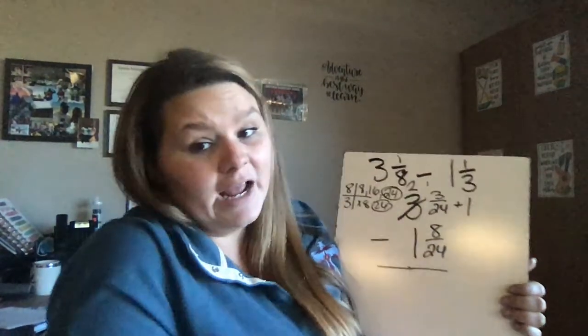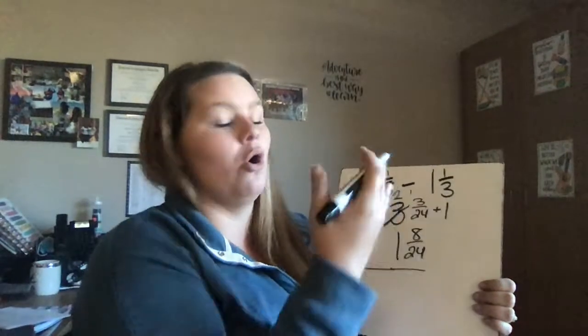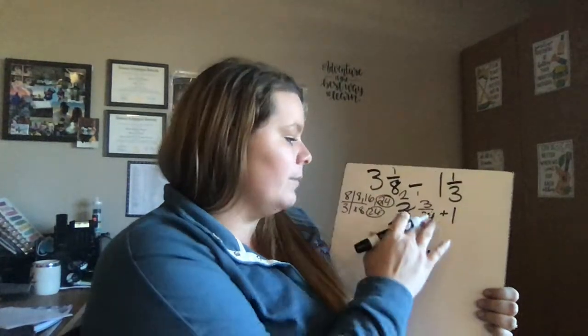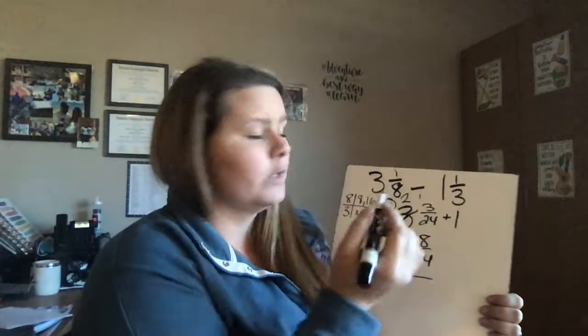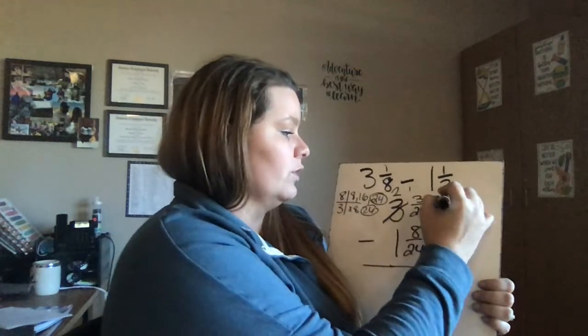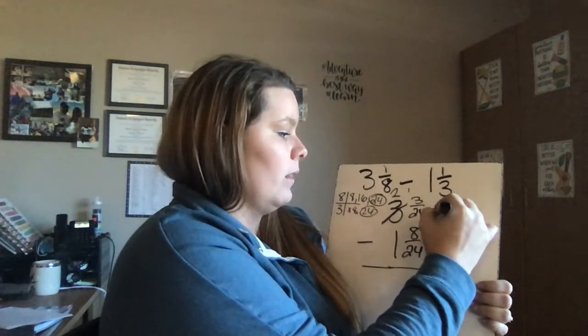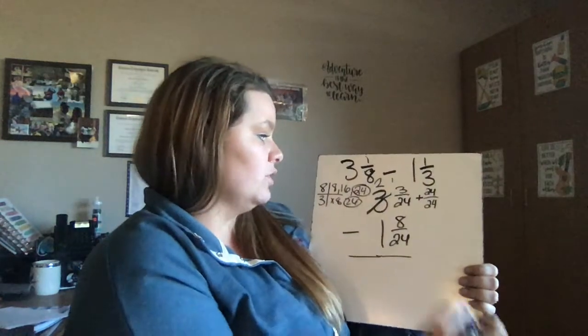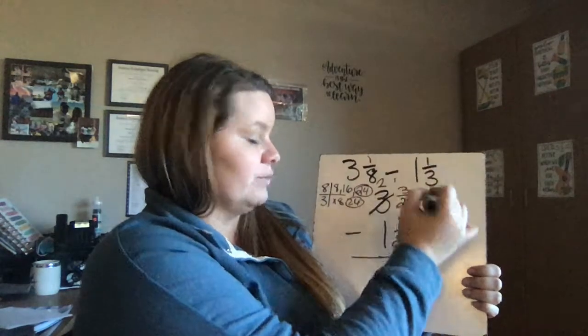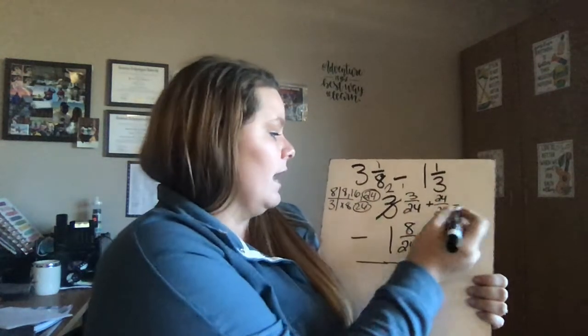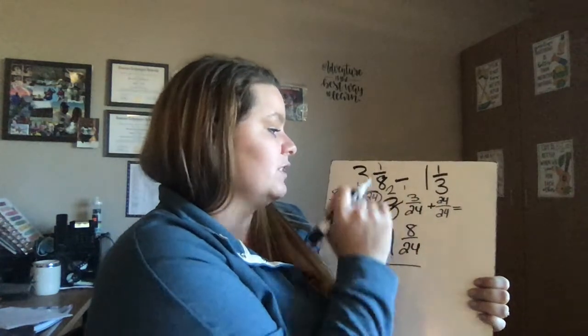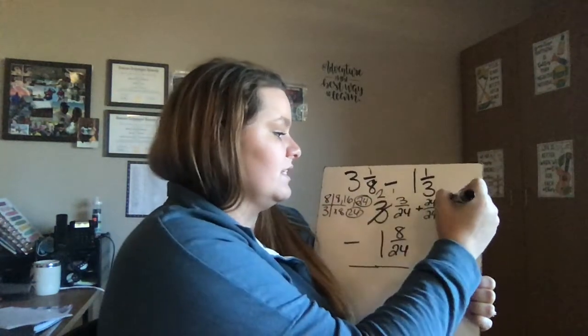But that's not going to help me unless I make the 1 whole a fraction. So I think, how many 24ths are in 1 whole? Well, we know that 24 24ths are in 1 whole. Since we borrowed our whole from over here, we just moved it over here. And now 3 3/24 is equivalent to 2 27/24.